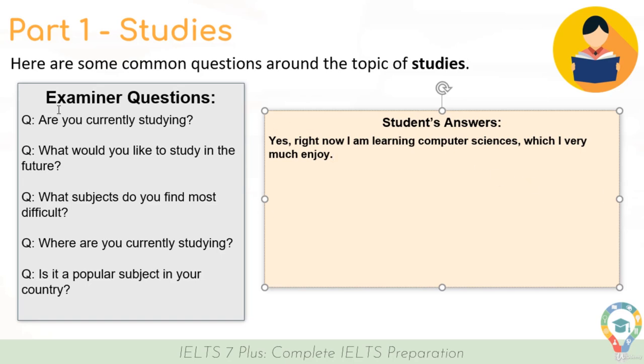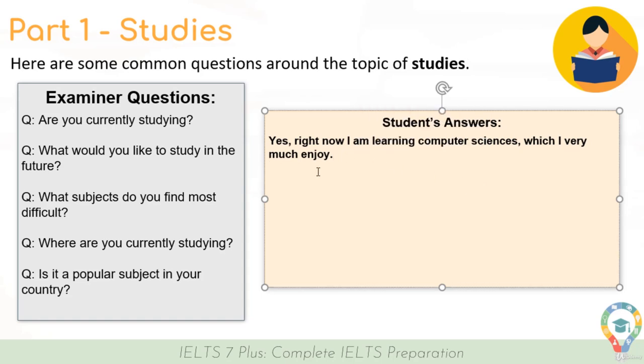So once again, instead of currently, we've used right now. And instead of studying, we used learning and sort of used enjoy instead of like to make our language a bit more interesting. We also added this part here, which I very much enjoy, just to add some extra detail.